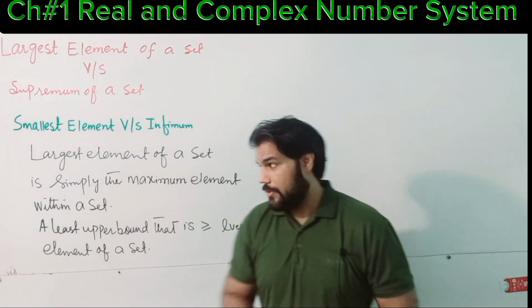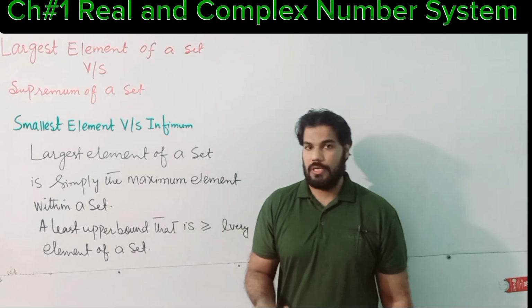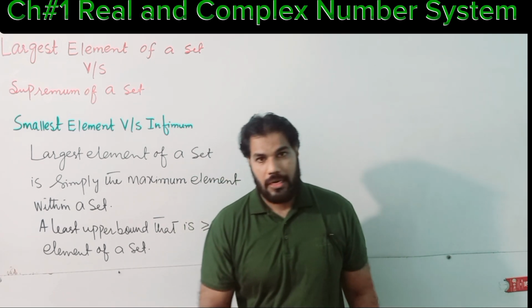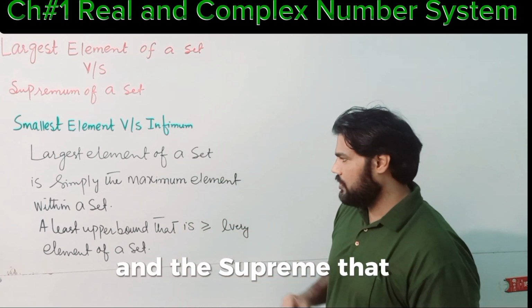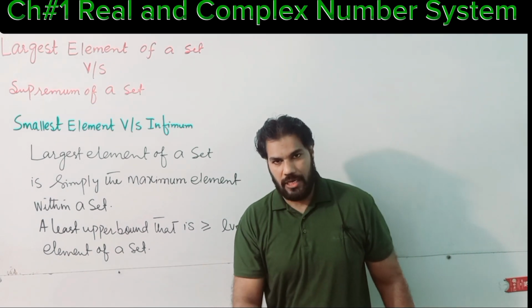Now, both definitions look similar. Largest element is also the maximum value, and the supremum, that is actually the least upper bound, is an element that is greater than or equal to every element.